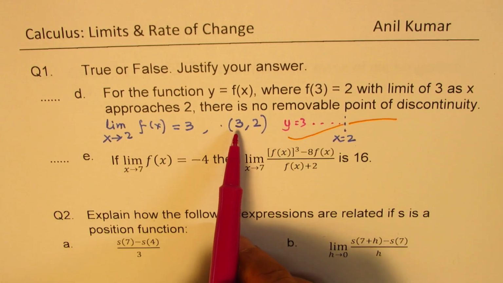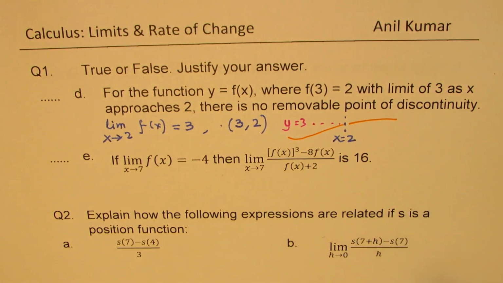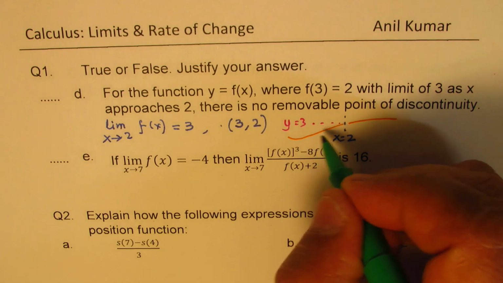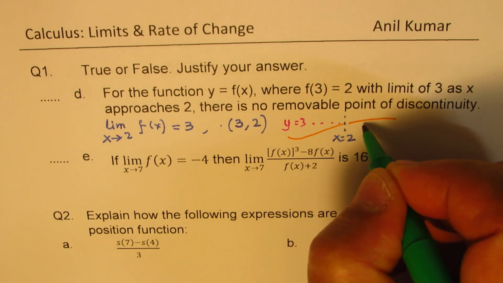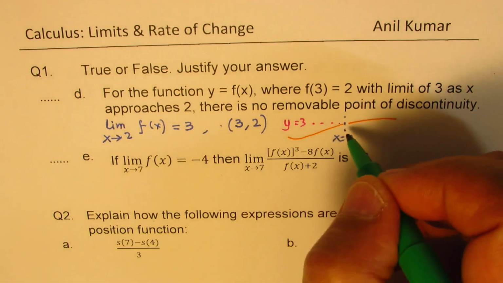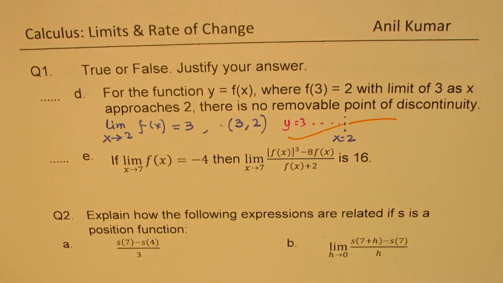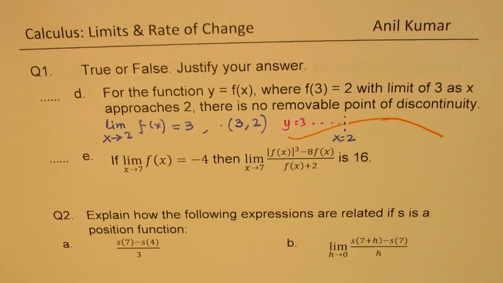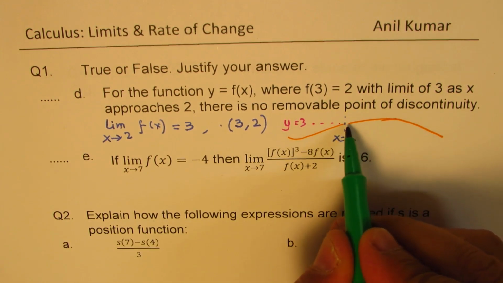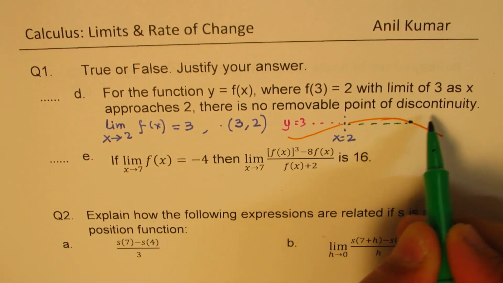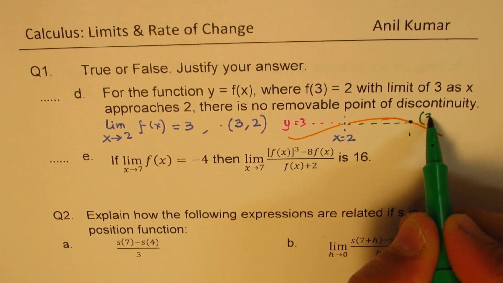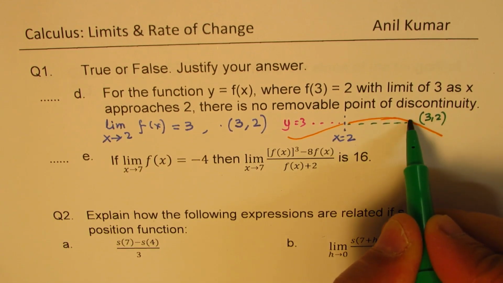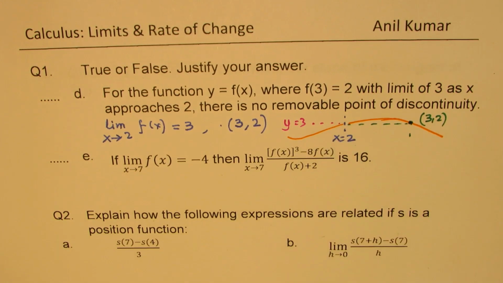But we are given that at 3, the value is 2. So we are given that there exists a point at 3, somewhere here, which is 2, right? So that means the function must have dropped, something like this. So at 3, sometime later, there is a point here at 3 which is 2, right? We are given this point. We are not given that point.